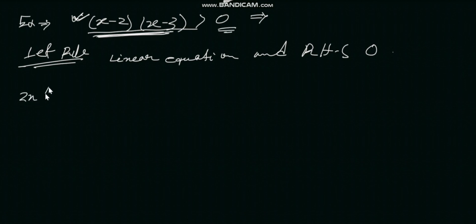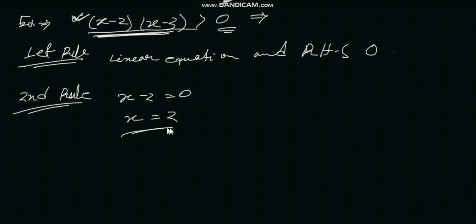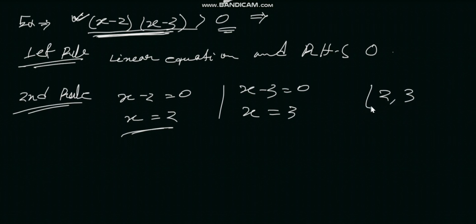The second rule says that we need to find the critical points of the linear expressions. If x minus 2 is 0, then the critical point will be 2, and x minus 3 equal to 0 gives x equal to 3. So the critical points of x will be 2 and 3.